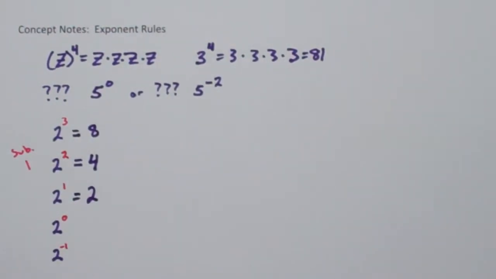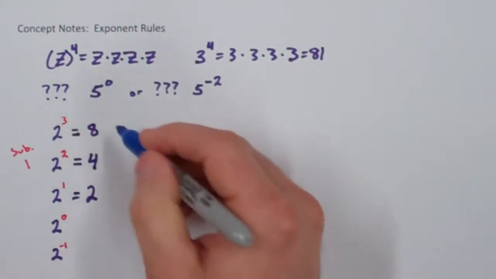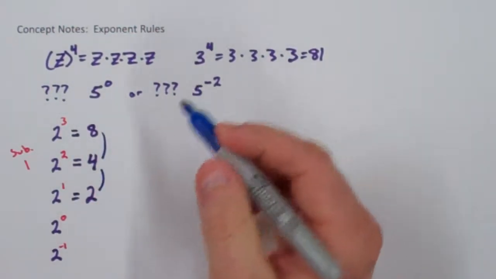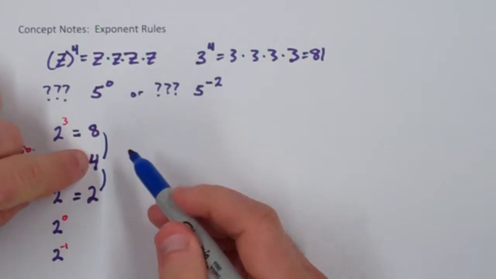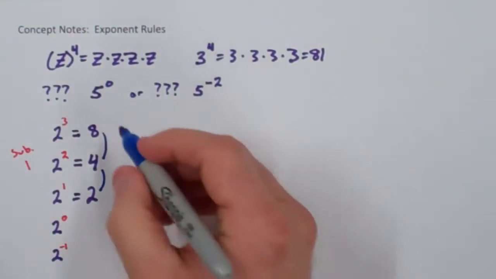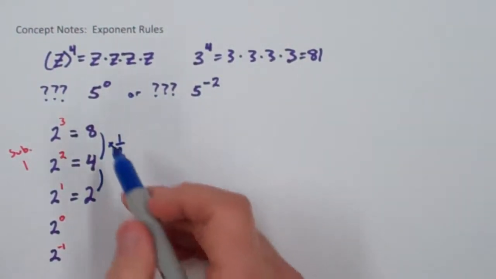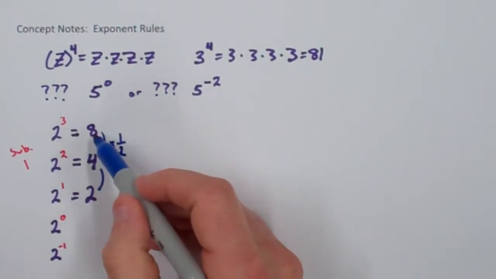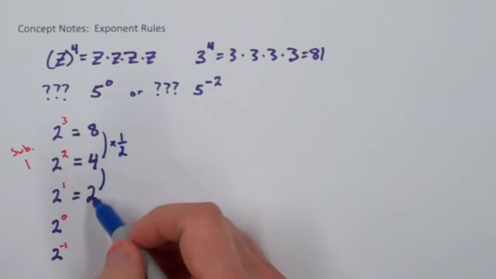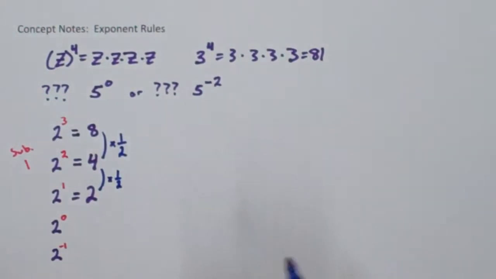Looking down the right-hand side, what is happening from 8 to 4 and from 4 to 2? It looks like we're dividing by 2, or a different way to think about this is multiplying by 1/2. 8 times 1/2 is 4. If we take the previous number and multiply it by 1/2, that gets us the next number. And this pattern continues: 4 times 1/2 is indeed 2.